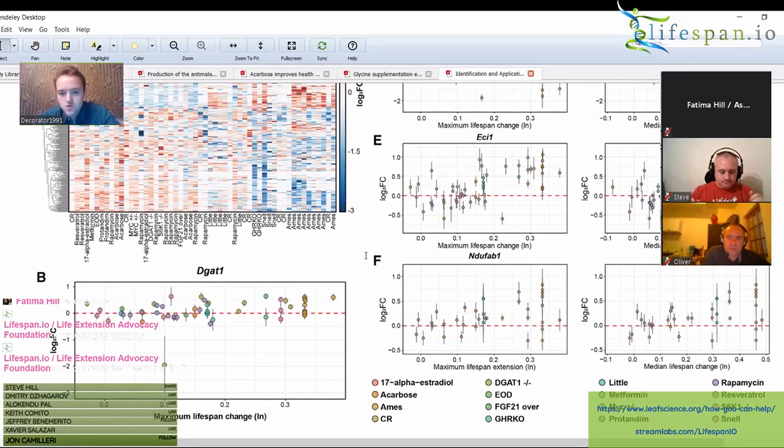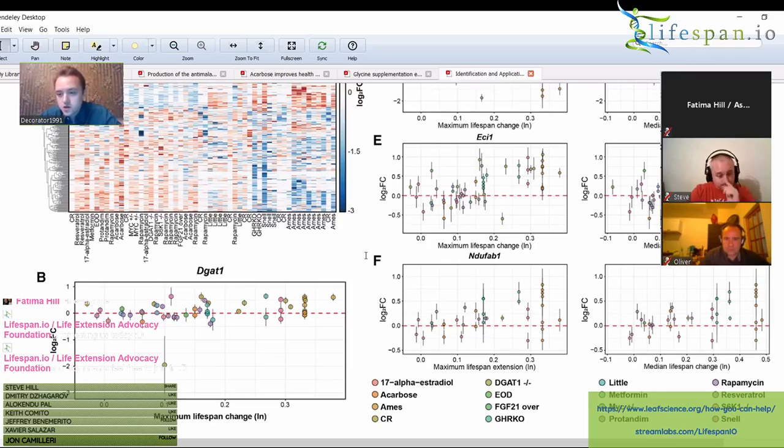What we also did, we obtained the list of genes whose manipulation links to lifespan extension. We obtained it from the GenAge database, and we looked if these genes are associated with lifespan extension in our data, and we observed no correlation.